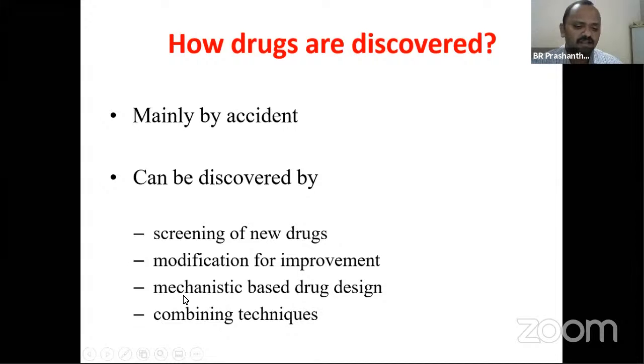Another important approach is mechanism based drug design, with the understanding of how the drug is going and binding to the target receptor or enzymes. Based on the mechanism of this drug, we do the designing of the drugs. Sometimes we use a combination of these techniques, in different combinations and different ways.